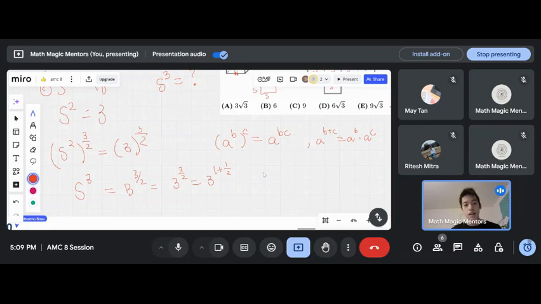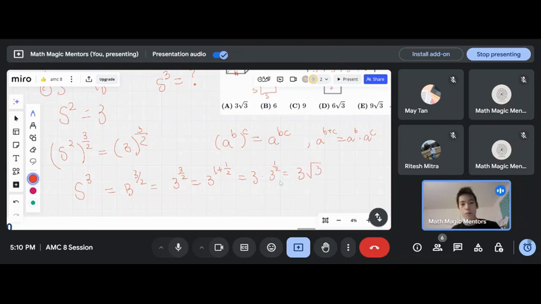That makes sense, because you can just multiply b copies of a and c copies of a together. And so you can still do that with fractional exponents. It still works the same. So that's just 3 times 3 to the 1/2. And 3 to the 1/2 is just root 3. And so that's just 3 root 3.